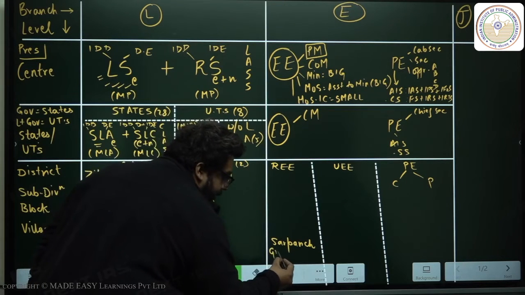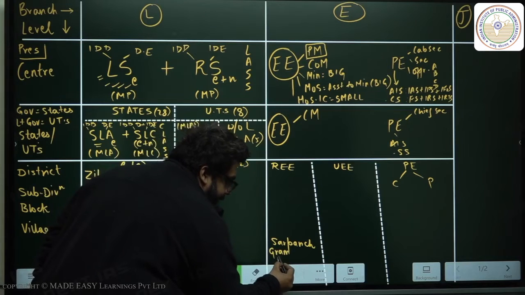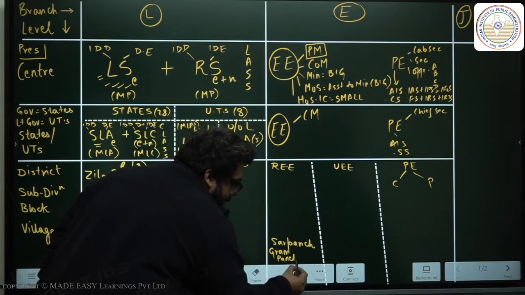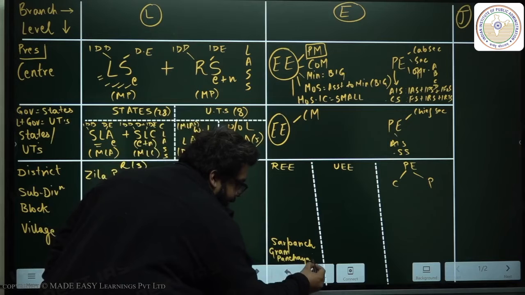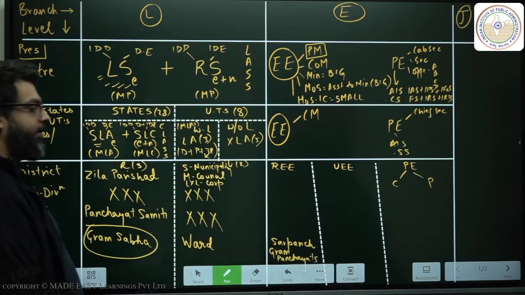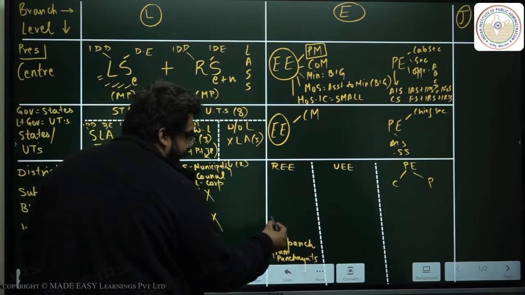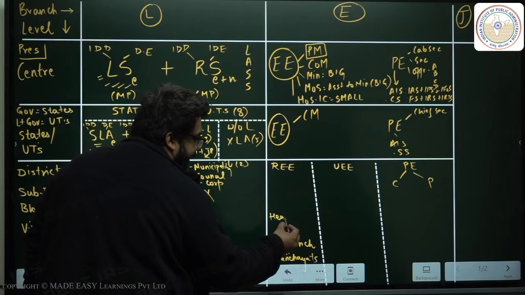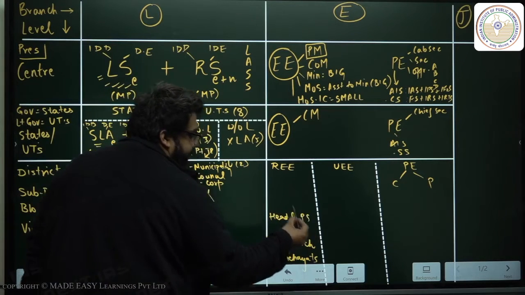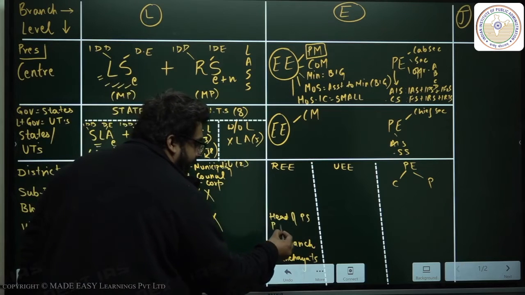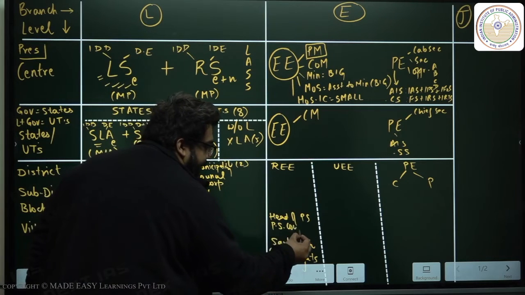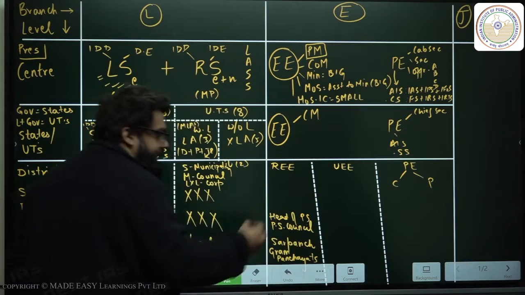They are called Gram Panchayats. Okay. And similarly, Panchayat Samiti, you have head of Panchayat Samiti. And if it's a big block, you can have a Panchayat Samiti Council.